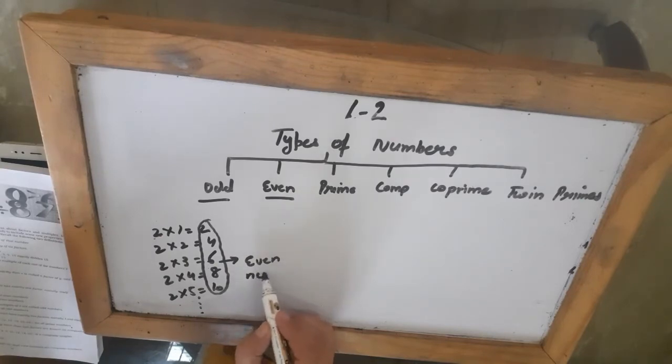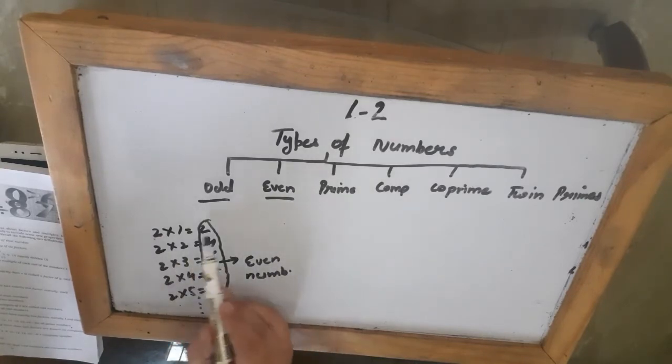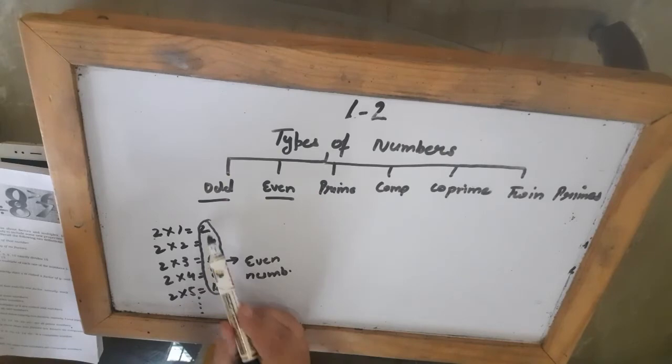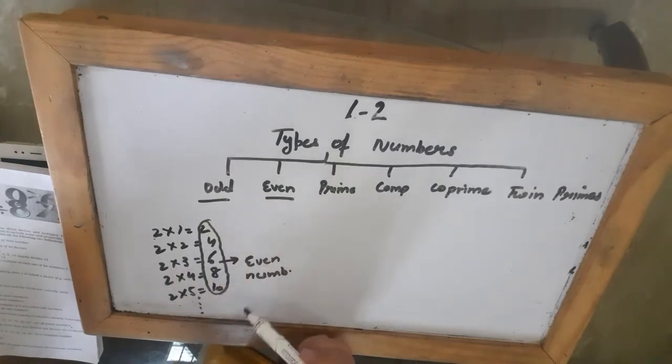The numbers which get divided by 2 are called even numbers.